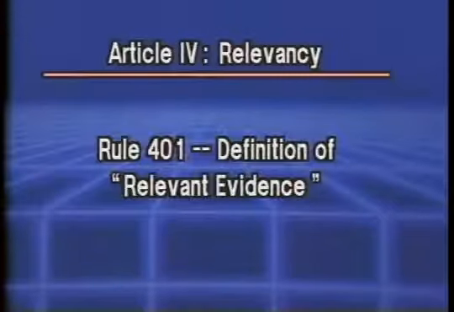Relevant evidence means evidence having any tendency to make the existence of any fact that is of consequence to the determination of the action more probable or less probable than it would be without the evidence. That, I suggest to you, is about as broad a definition of relevance as the drafters could have made.